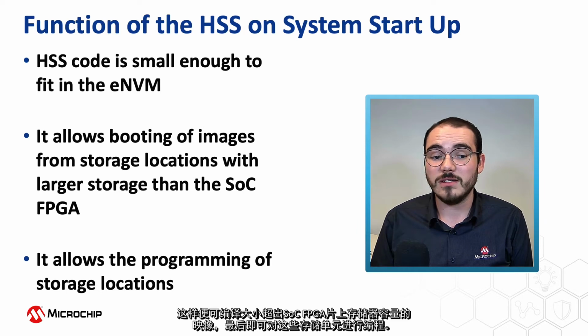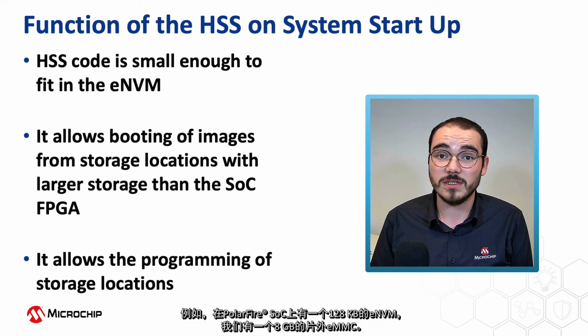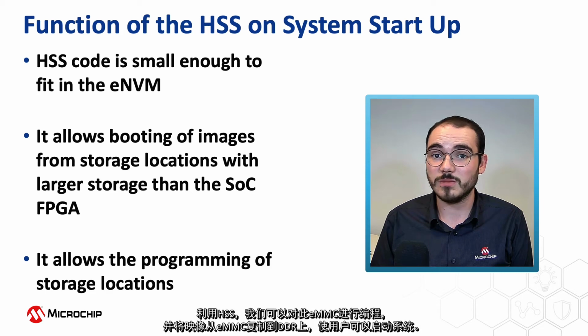And finally, it allows the programming of those storage locations. For example, on PolarFire SoC, we have a 128K eNVM, but we have an 8GB eMMC available off-chip. The HSS allows us to program the eMMC, and it also allows us to copy an image from the eMMC onto our DDR and use it to start up our system.